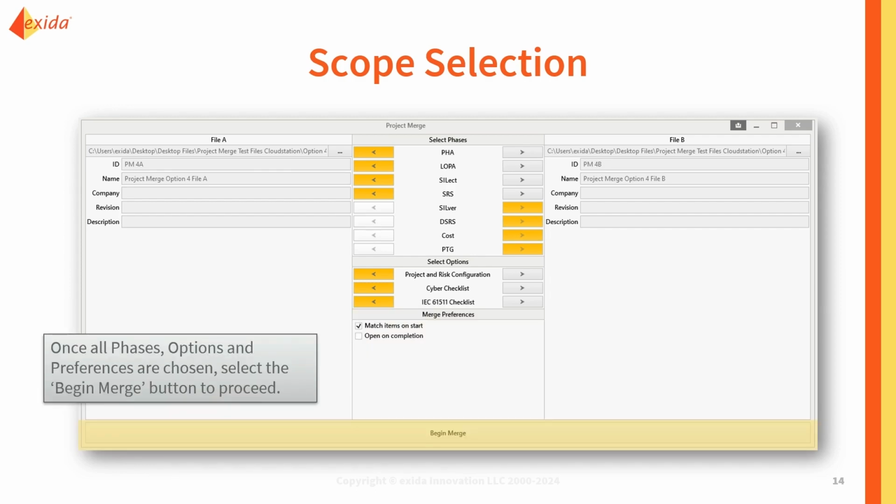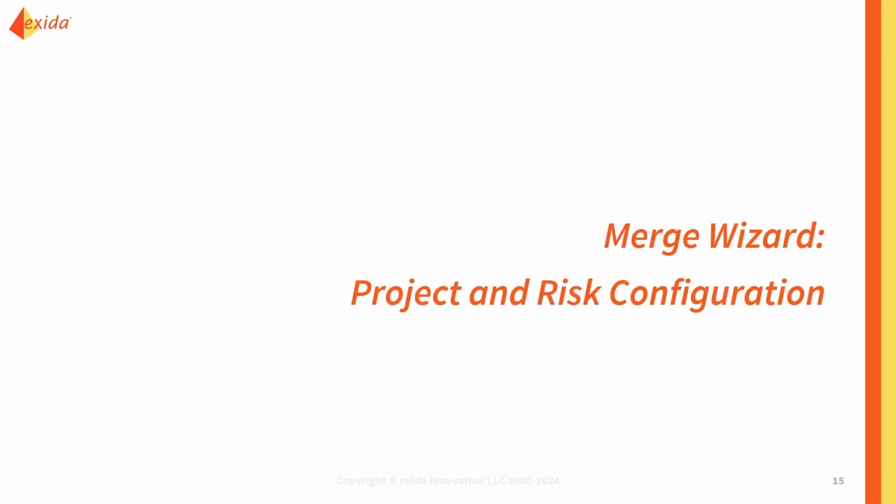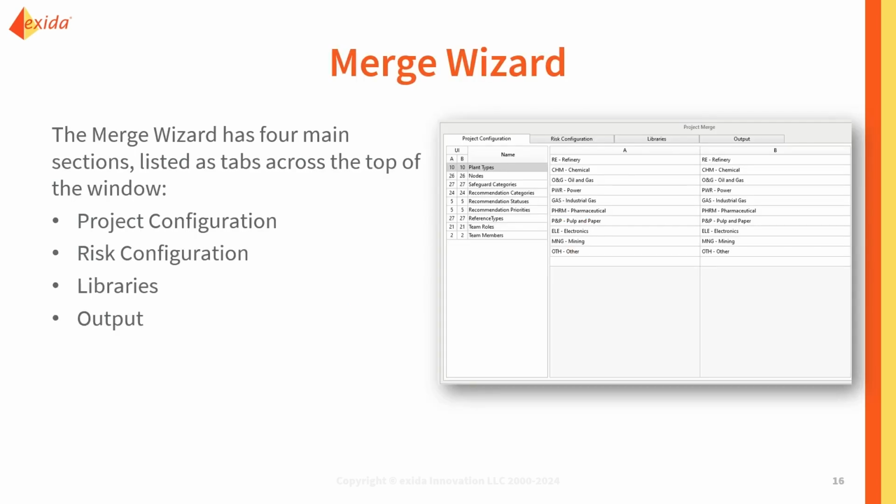So once all of your phases are selected, you have your options and preferences selected, you can hit this large begin merge button and it will allow you to proceed through the workflow. The first thing we're going to talk about is how to match items in project and risk configuration. So when you proceed, you're going to see this view, which shows you 4 tabs.